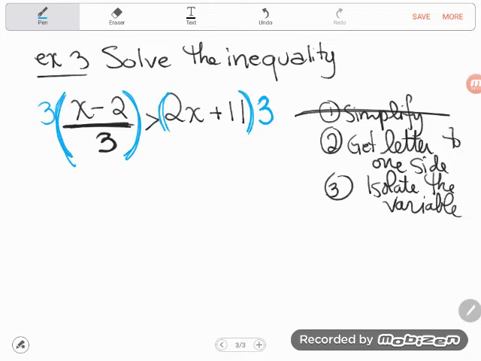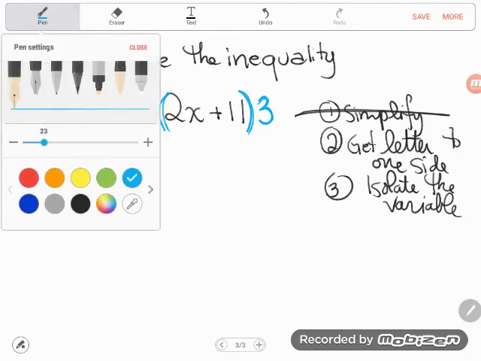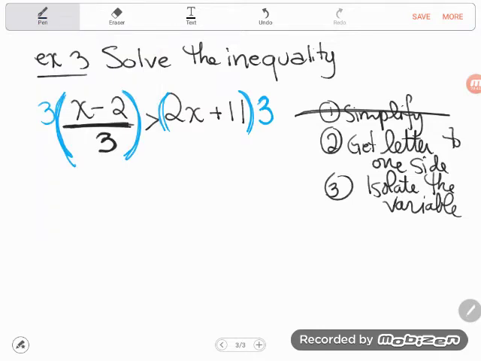It looks like it's going to make things uglier. Oh no, things are about to get better. Let's take a look at what happens when I multiply both sides by 3. On the left-hand side, multiplying by 3 and dividing by 3 cancel. My fraction's gone. That's just an x minus 2. Nice. Now, on the right-hand side, there's some math to do.